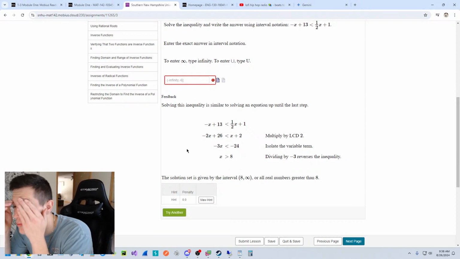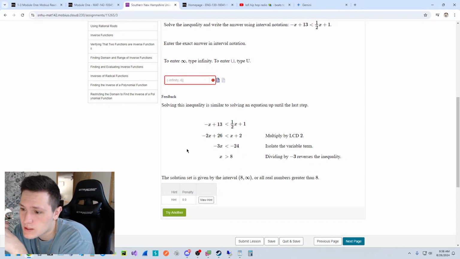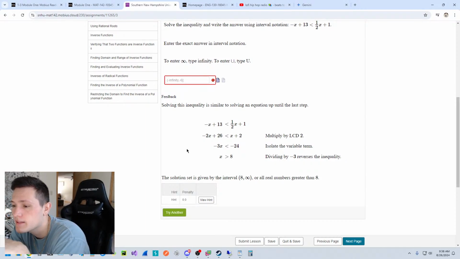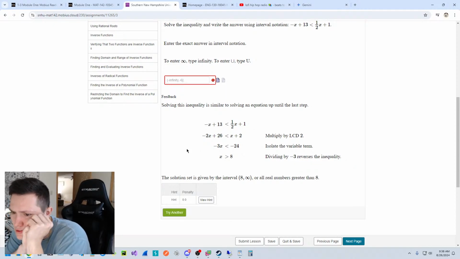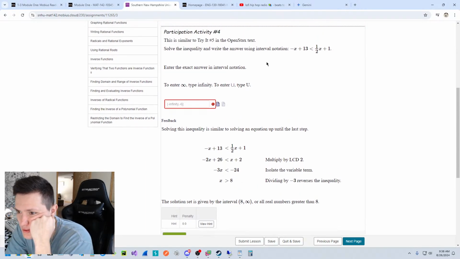It's 8. Whoa, what the fuck? Hold on. So, multiply by the least common denominator, which is 2. Let's see here. So alright.